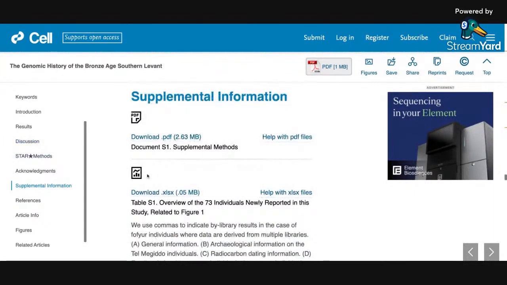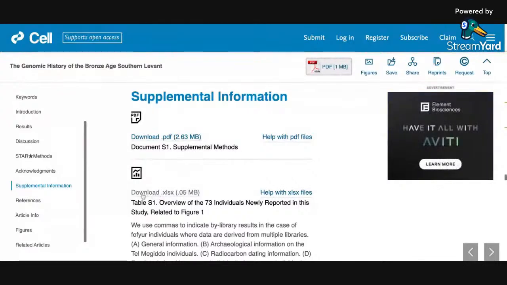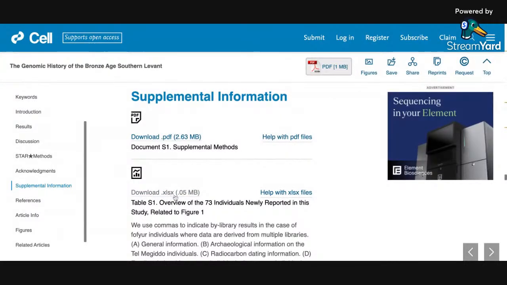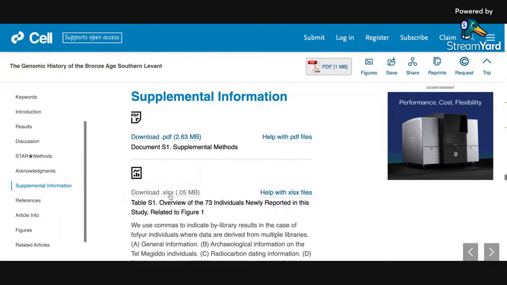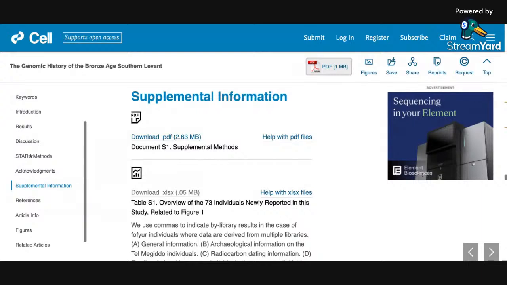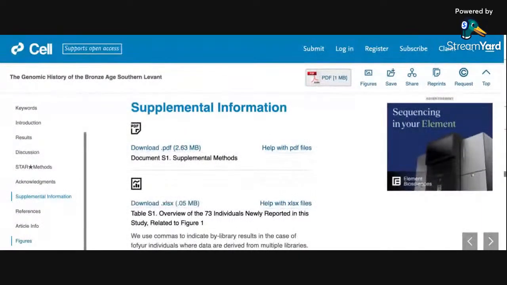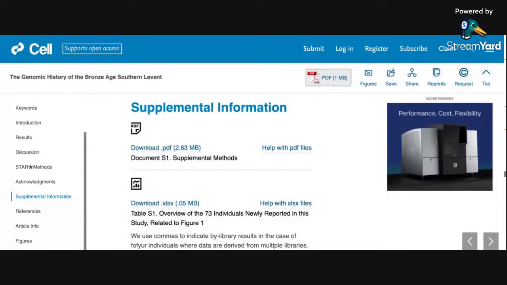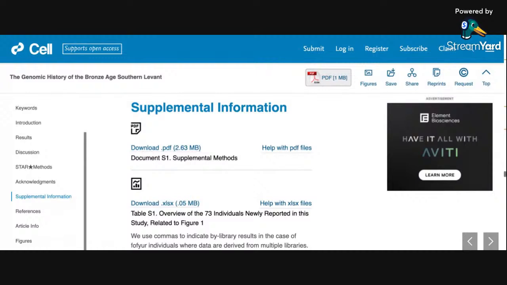So all you have to do is press supplemental information. .xlsx is usually going to be your spreadsheets. You're going to download them. Open that bad boy up.